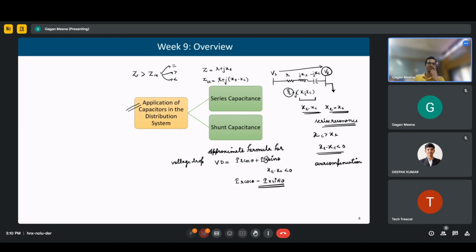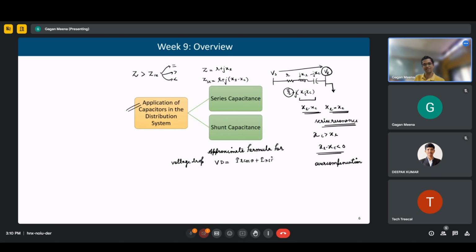X will become negative, so there will be a voltage rise instead of voltage drop of around this much. We can derive the exact using the same phasor diagram which we had last time.